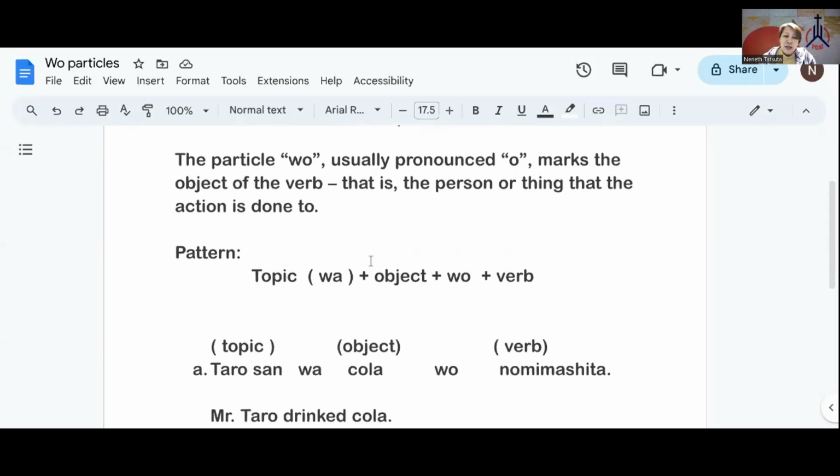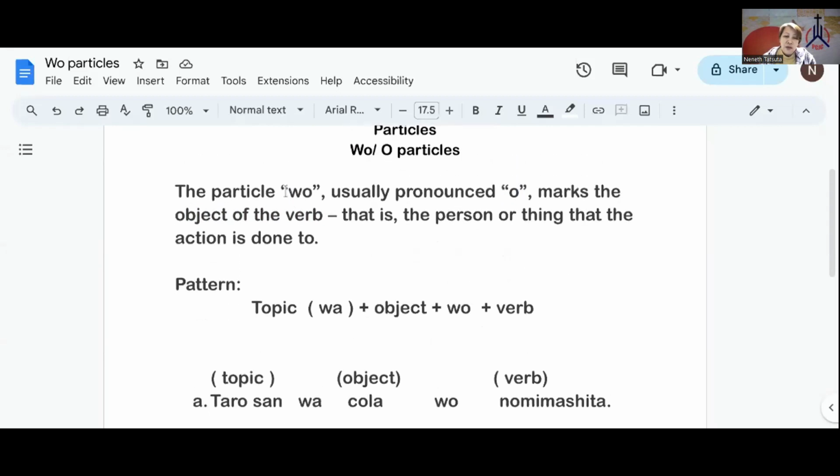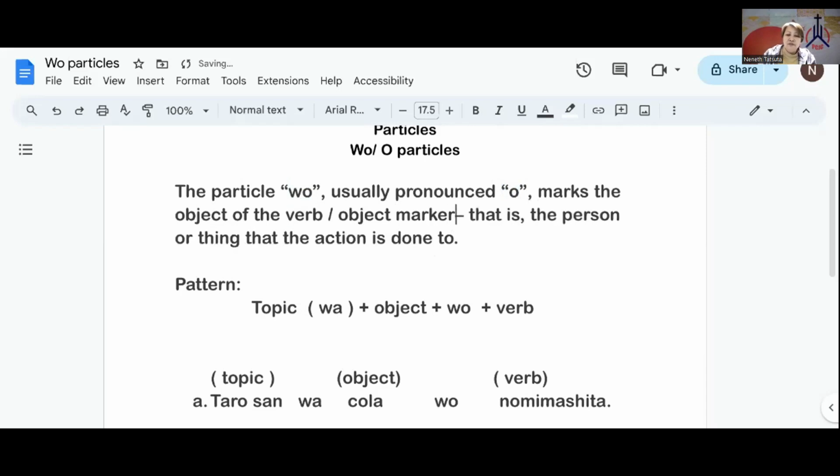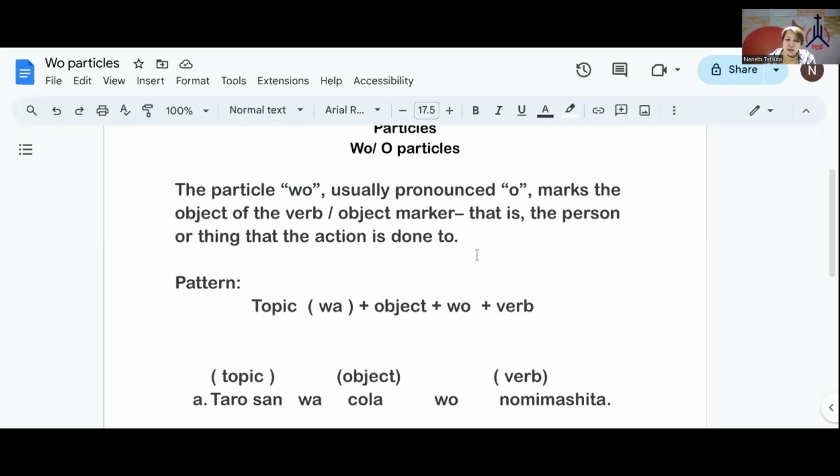Again, in writing it is W-O, wo, but in pronunciation it is o. Object marker. It means the person or the thing that the action is done to.